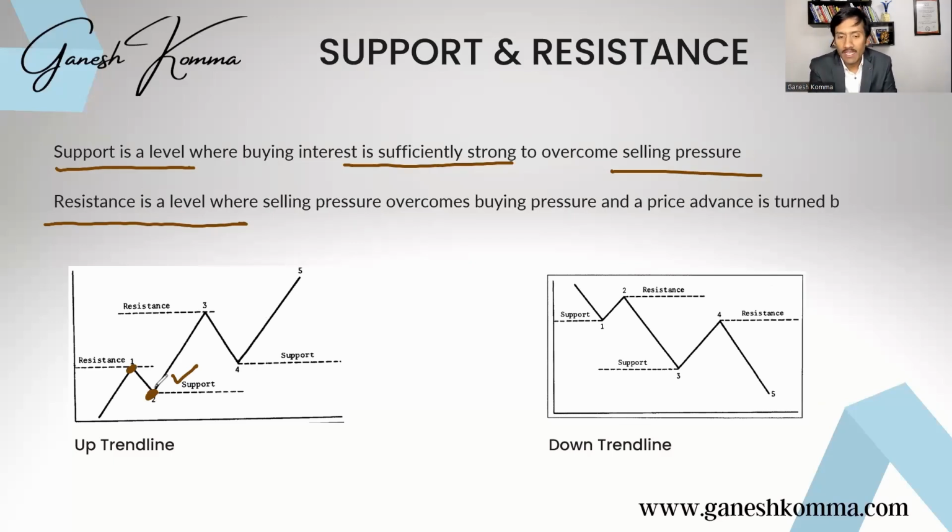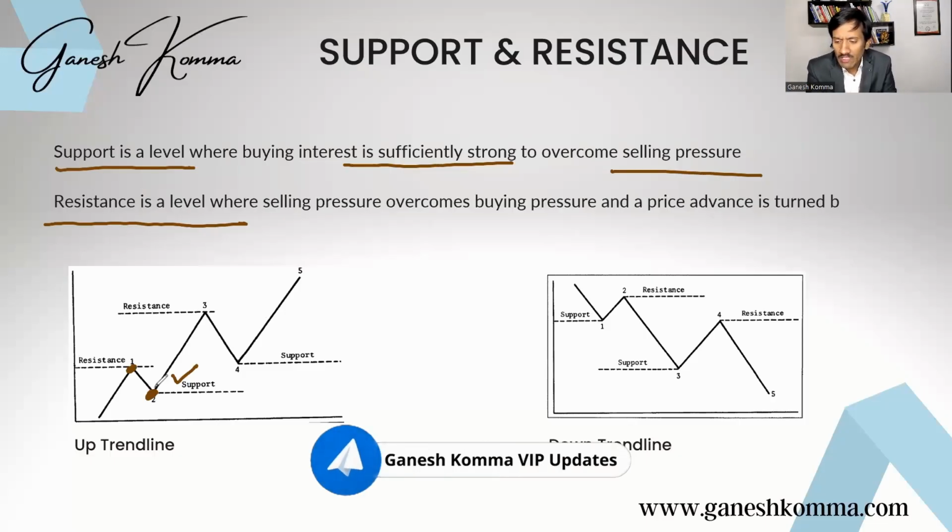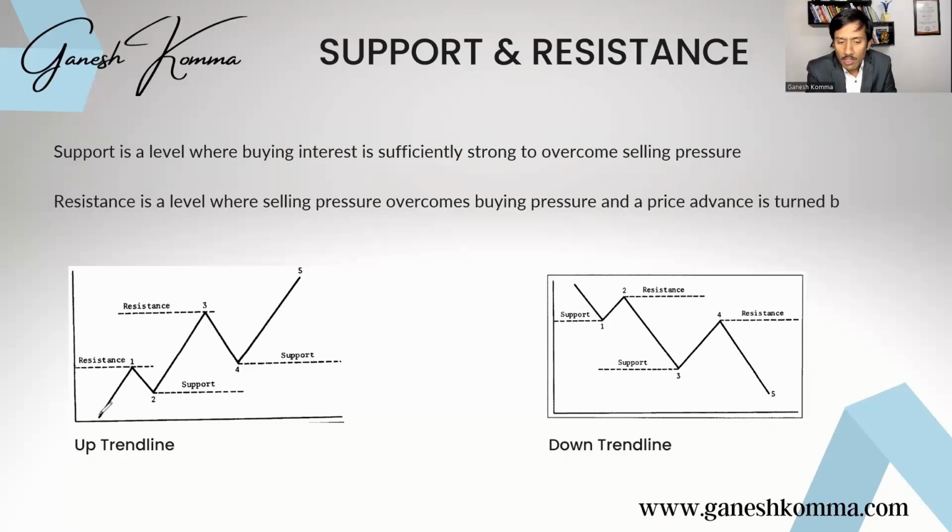I again repeat, we will be using the same example. Here if you see, the stock has moved and again it has retraced back. Now this is how the stock went up to this third point, and again it has fallen down.